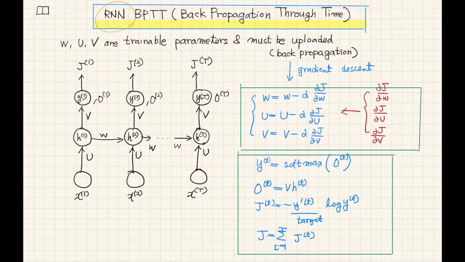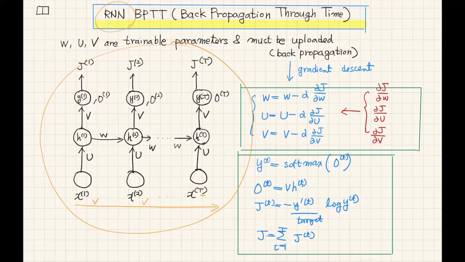Now, let's talk a little bit about the RNN. This figure shows the basic structure of RNN. As you see, it has sequential input x1, x2, and up to xT. T means terminal. T could be thousands or millions or billions, depending on how many sequences you're going to use for training this RNN structure.